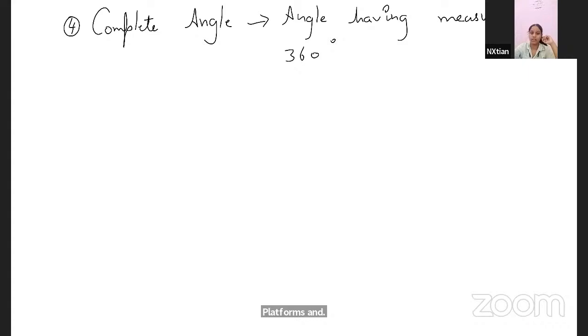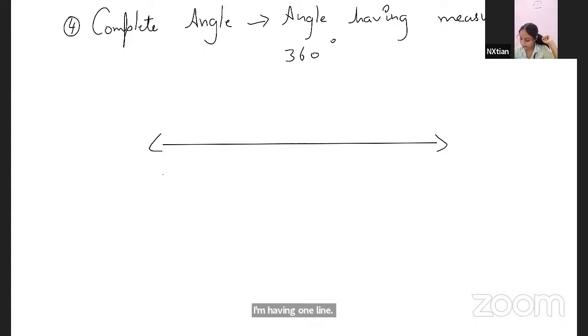But what with 360? So in 360, two lines are exactly upon each other. Suppose I'm having one line, AB.